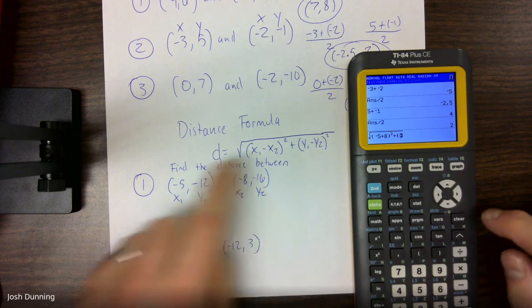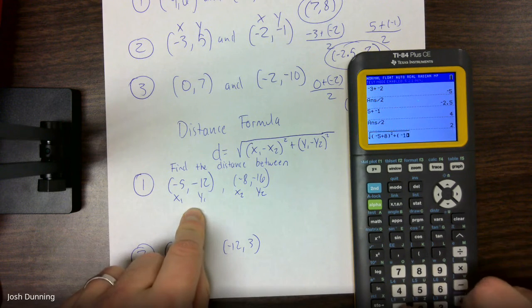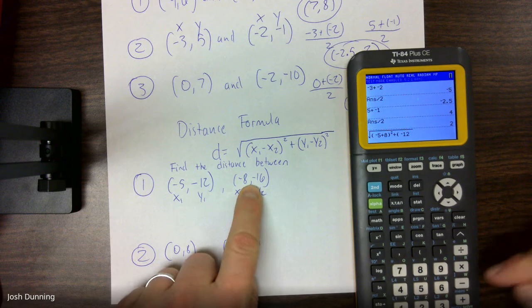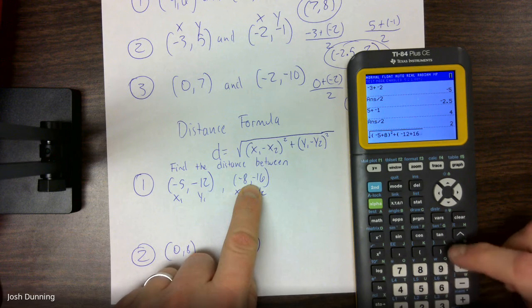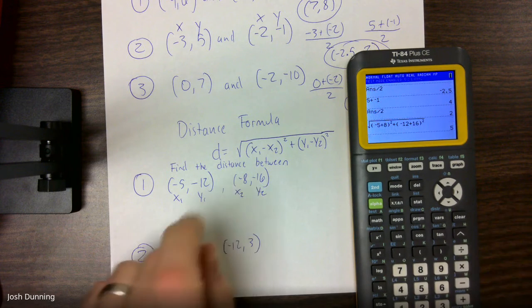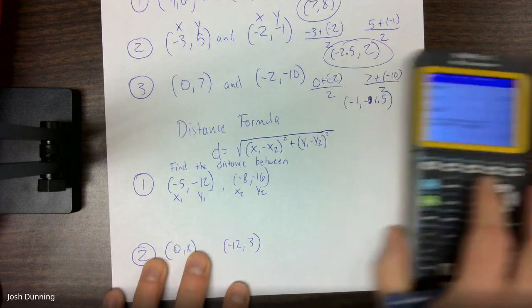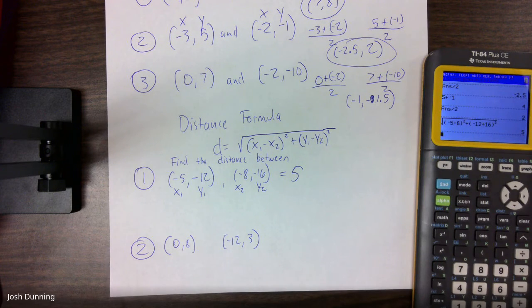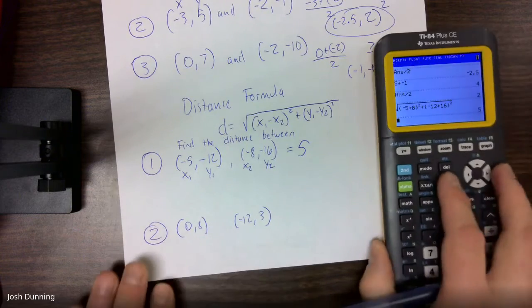Plus, parentheses, now the y's, negative 12 minus negative 16, which makes that plus 16, just like it's done in that point slope formula. Hit enter. 5.